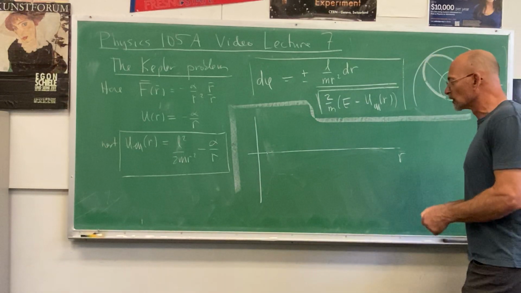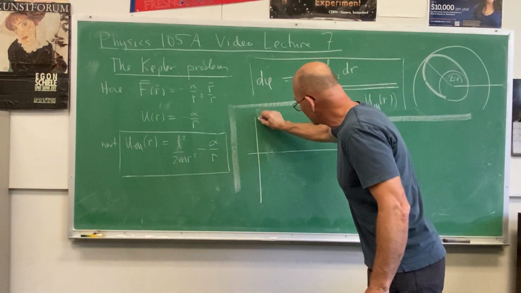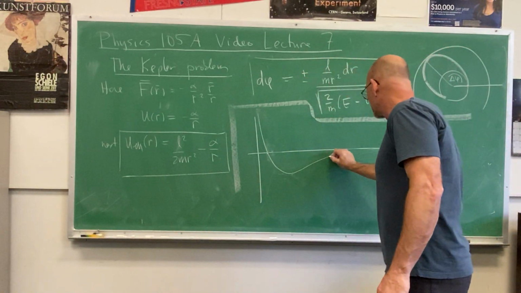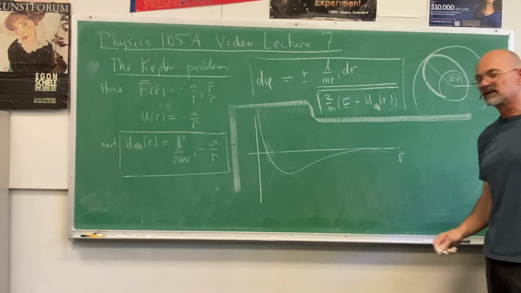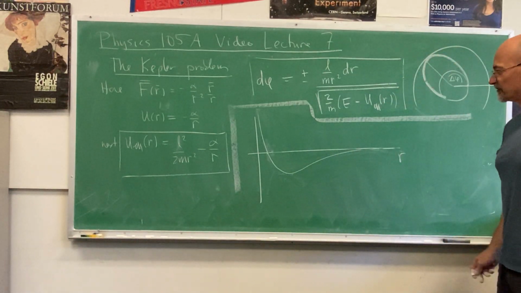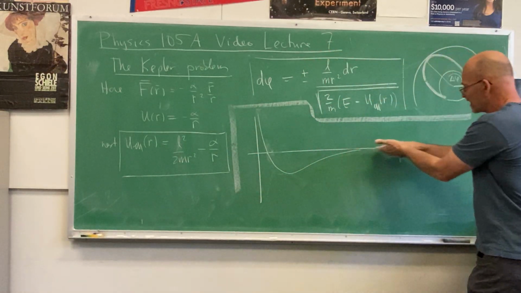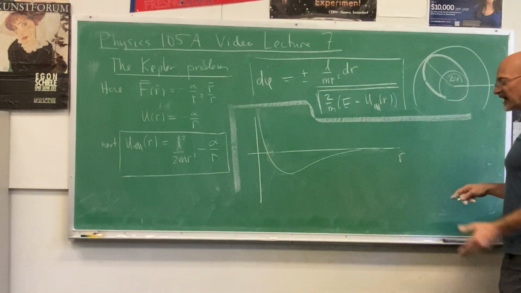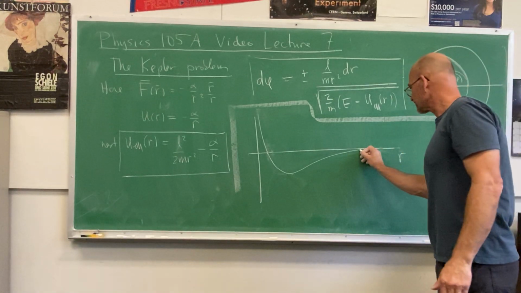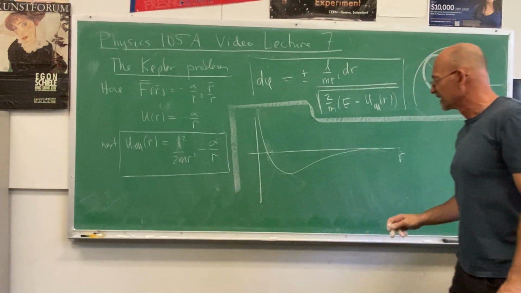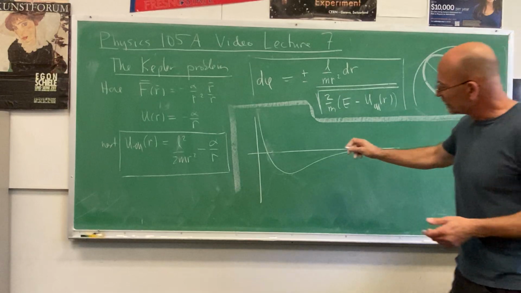Here we go, once more. Maybe that's better. So it goes to infinity here, and vanishes as we approach infinity on this side here, like 1 over r. And this has all the interesting features.